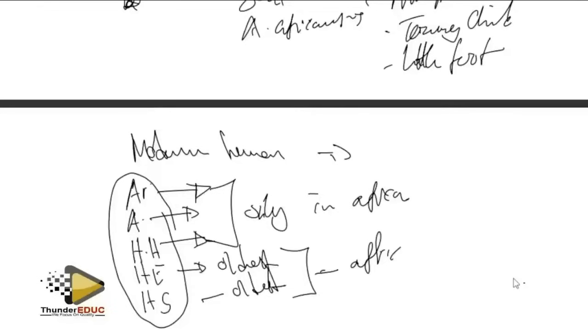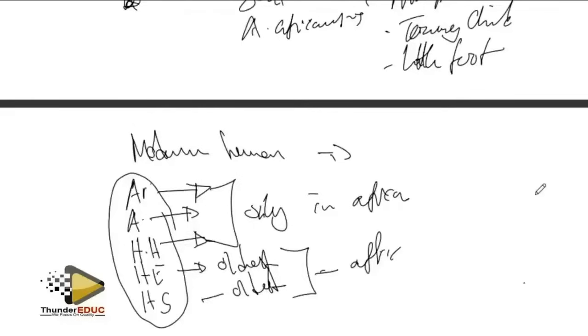Now, what about mitochondrial DNA? Here we use the mutations which occur in the mitochondria. Why do we use mitochondrial DNA? Because it is a small DNA, so it is easy to focus on it. But it's rare to find mutations there.